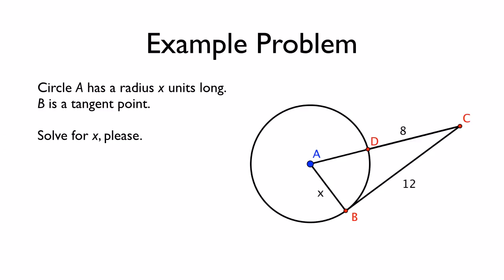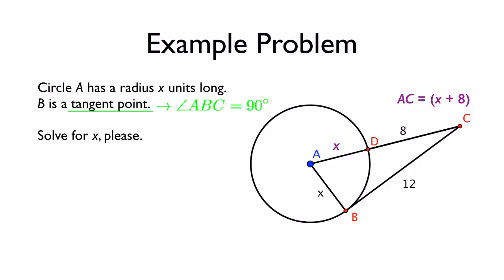And so let's look at this example problem. Let's say circle A has a radius x units long, and B is a tangent point, and we want to solve for x. Well, we know if we have a tangent point, that means angle ABC is a 90 degree angle. Then take a look, AB is a radius, AD is also a radius.